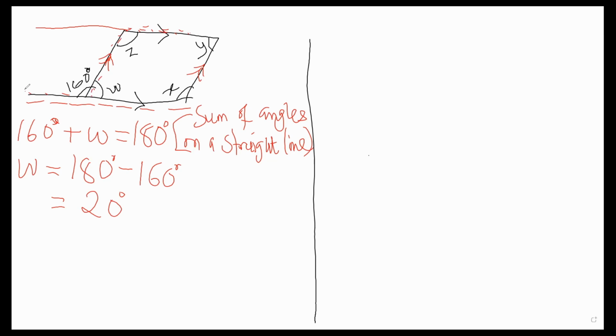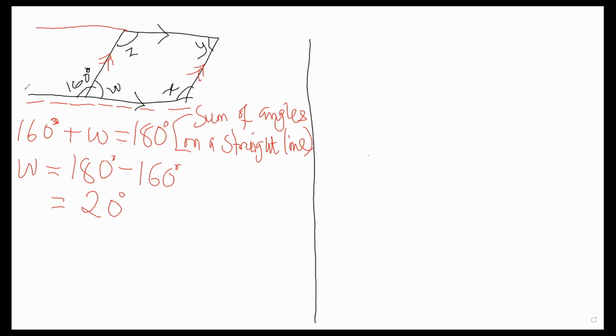Since it's forming a Z angle, we are going to have it that 160 is going to be equal to Z. Why? Because they are alternate angles.